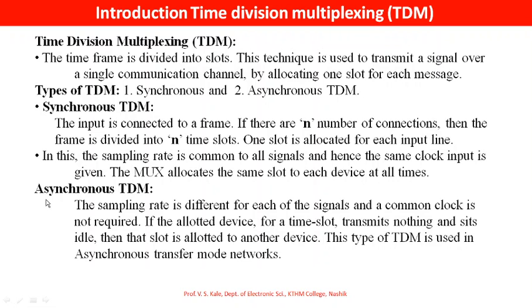Let us see asynchronous time division multiplexing. The sampling rate is different for each of the signals and a common clock is not required. If the device allocated to a time slot transmits nothing and sits idle, then that slot is allotted to another device.